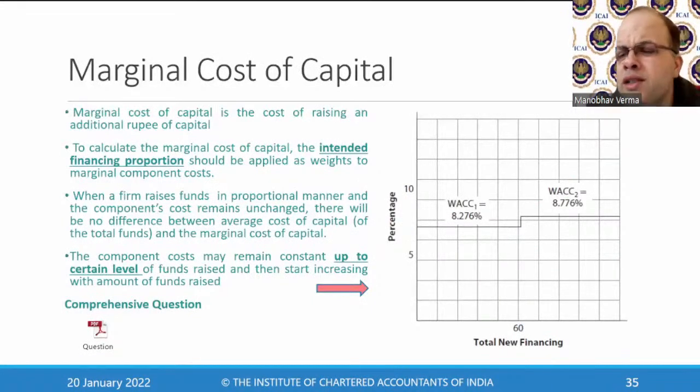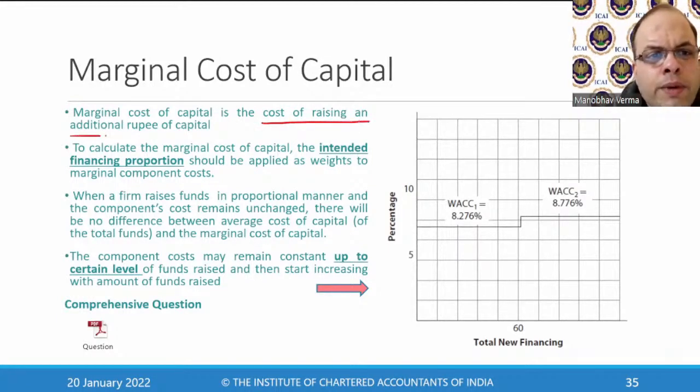Now, one small concept which is very important is marginal cost of capital. Now, the very important statement, the first one: the marginal cost of capital is the cost of raising an additional rupee of capital. The word is marginal here.